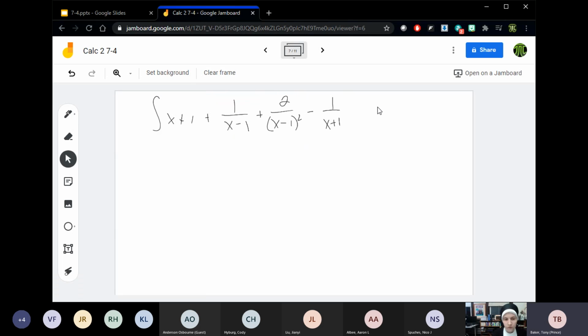All right, so there is my new integral that I am factoring out, or that I'm integrating. Got factoring stuck in my head.